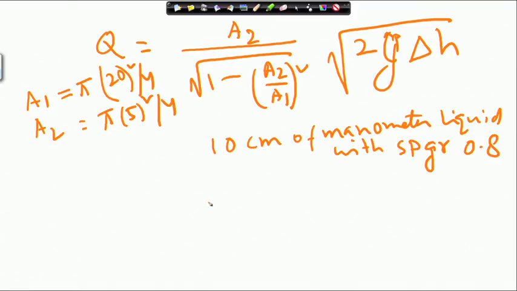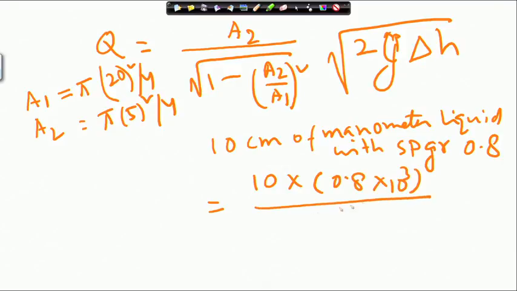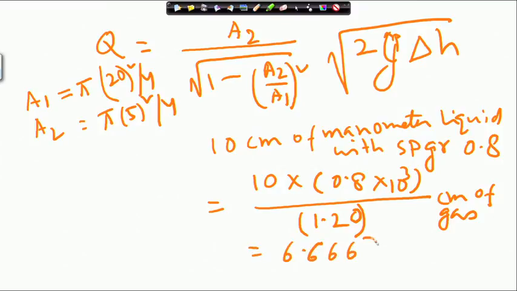This is the same as centimeter of the gas that is flowing through the flow meter. So, this will come out as 6.6667 centimeter of the gas or fluid that is flowing through the flow meter.